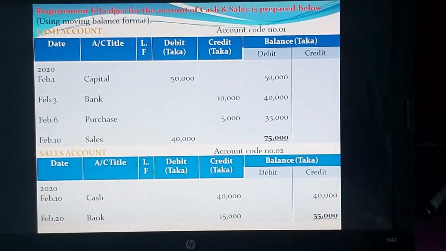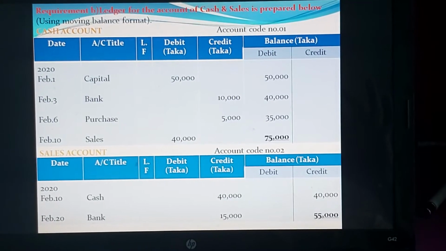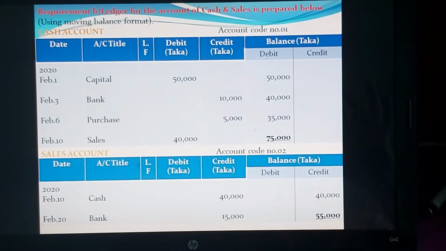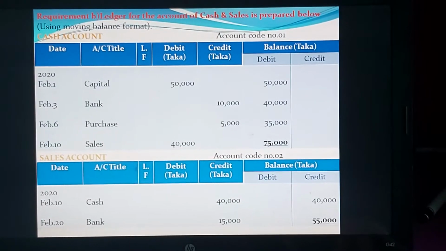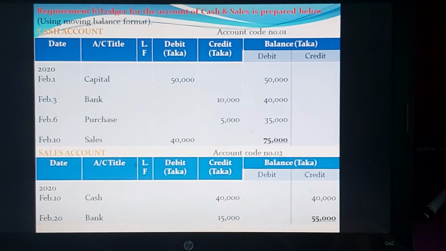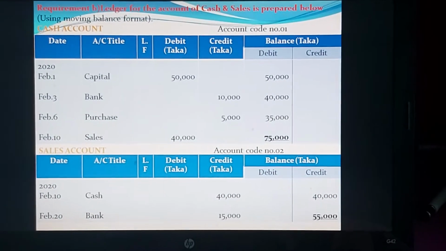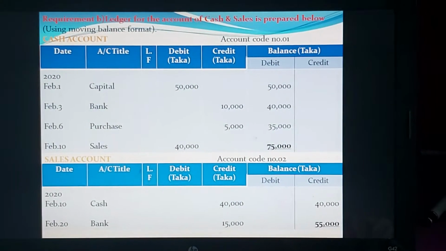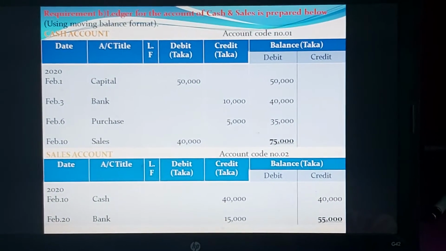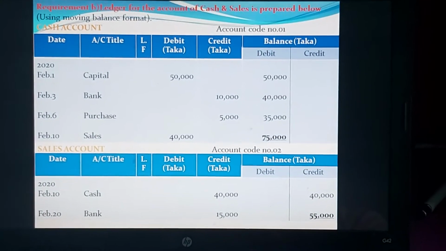So 50,000 minus 10,000 is equal to taka 40,000 in debit balance, because the debit balance is more than that posting. I think you're writing in the proper way.